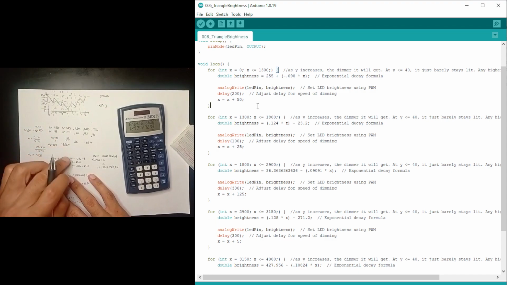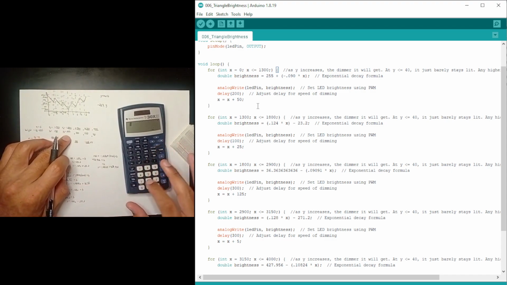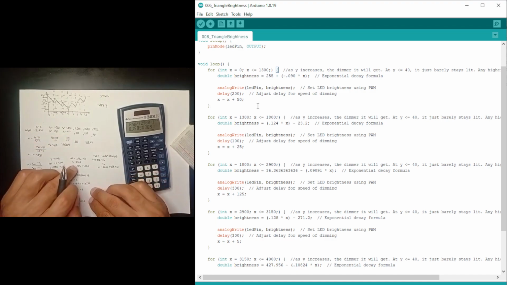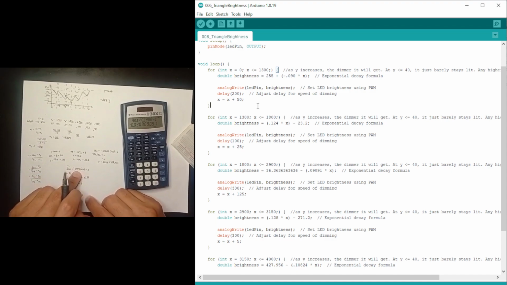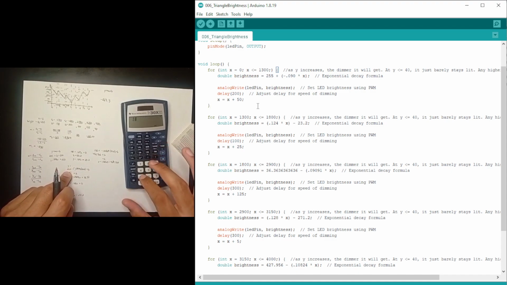Is this going to be M3? 100 minus 200 divided by 2900 minus 1800. 0.090901. If x equals 1800, y equals 200, 1800 times negative 0.090909, repeating.